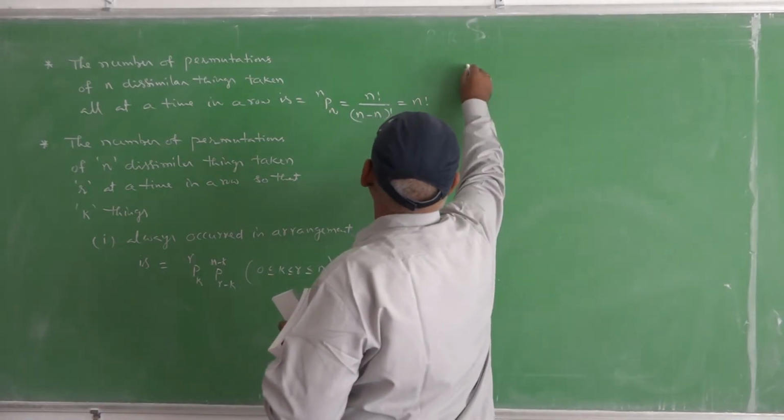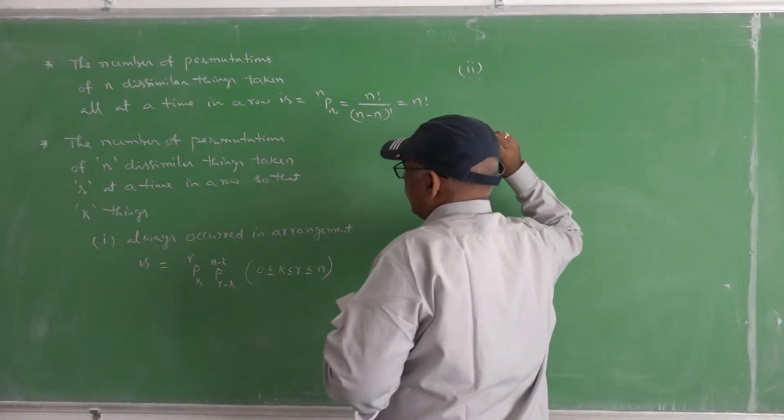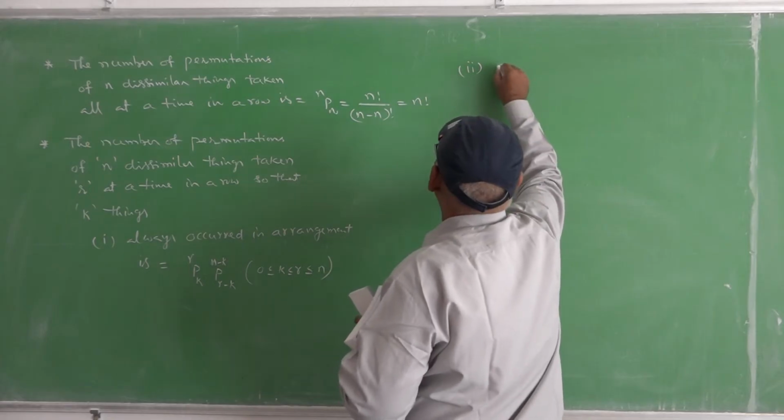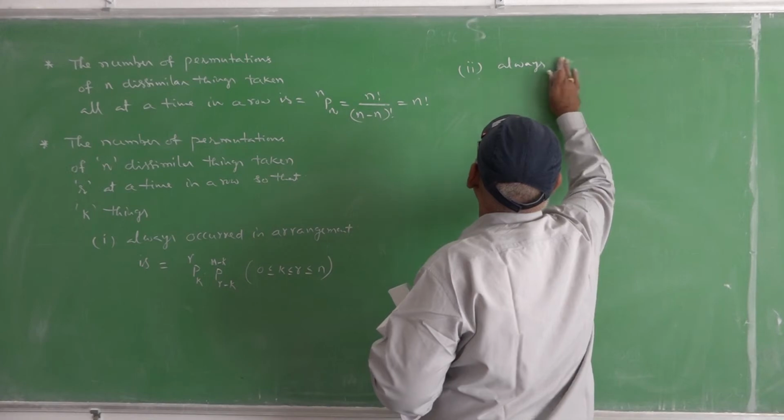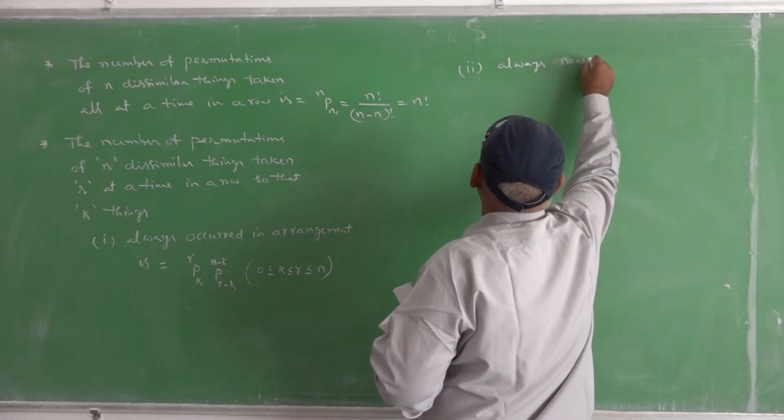The second point is related to this one. The k things are never included, never occur in the arrangement.